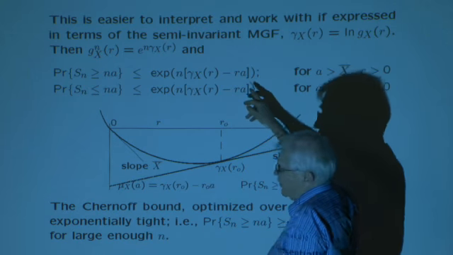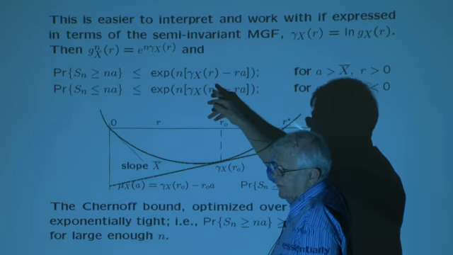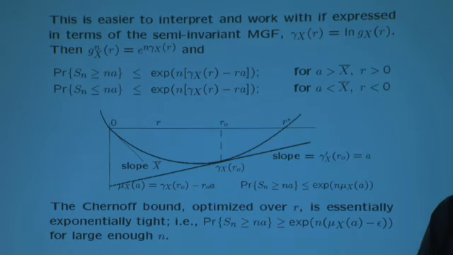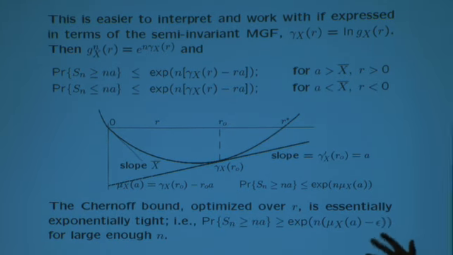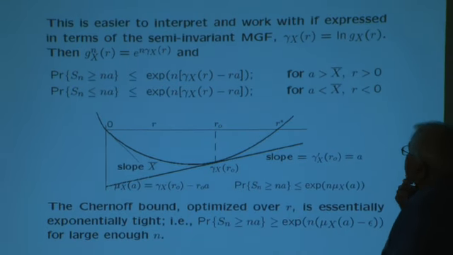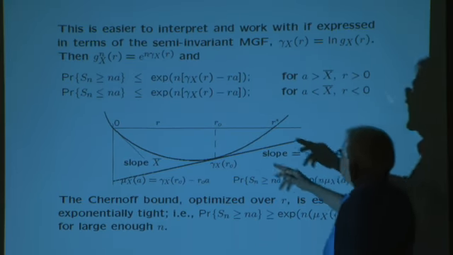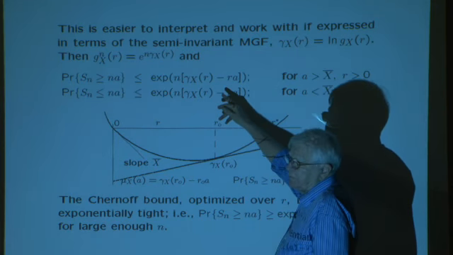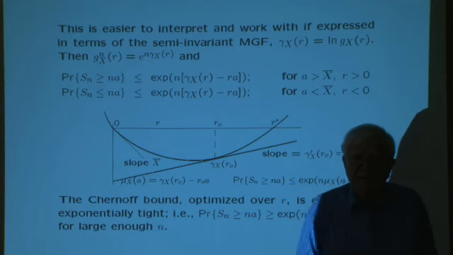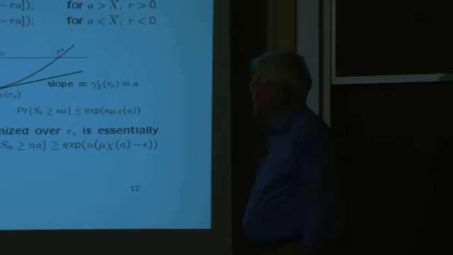Or it's true for all r for which this moment generating function exists. Moment generating functions can sometimes blow up, so they don't exist everywhere. So it's true wherever the moment generating function exists. So we'd like to find the r for which this bound is tightest. So what I'm going to do is draw a picture and show you where it's tightest in terms of the picture.